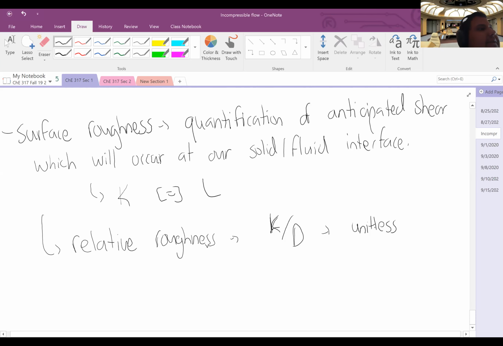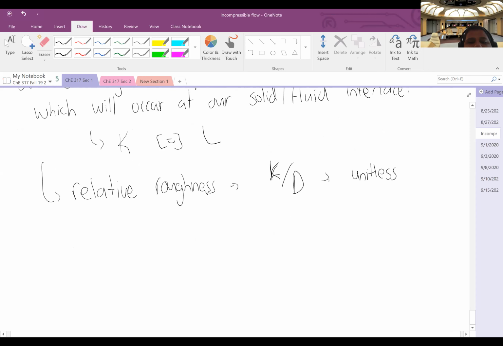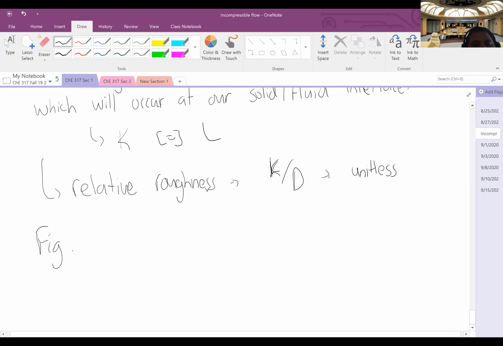And so for those of you with the textbook, pages 113 to 115 are our discussion on roughness and how it relates to frictional dissipation. And in the figure on 510, which we're going to talk about in a second, you see a table that designates roughness values in feet.